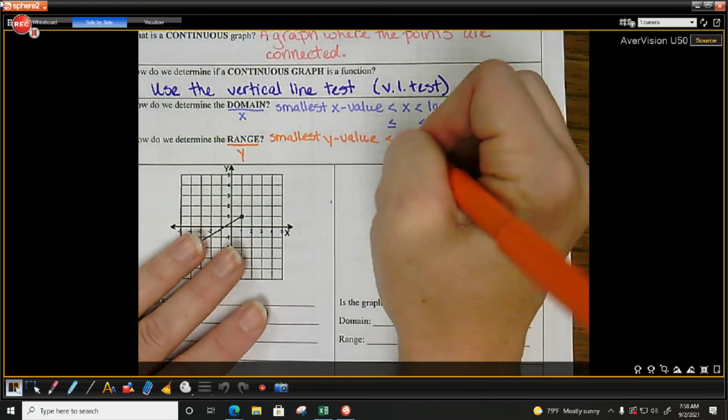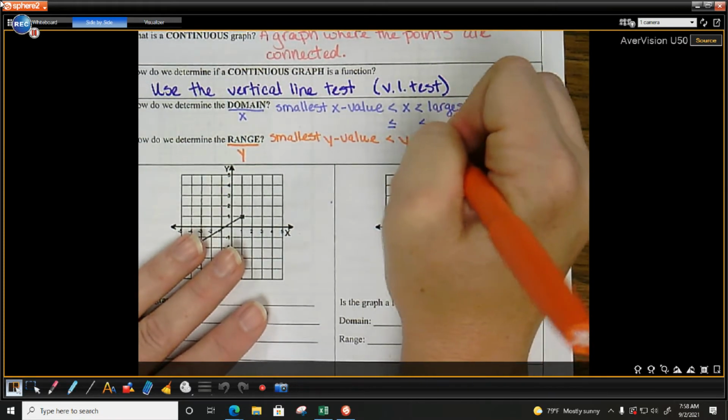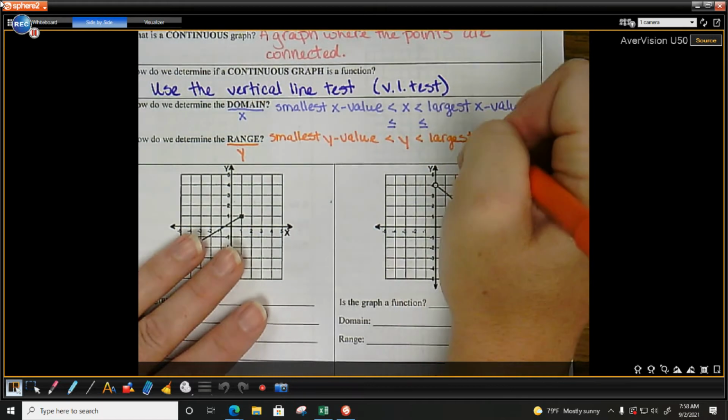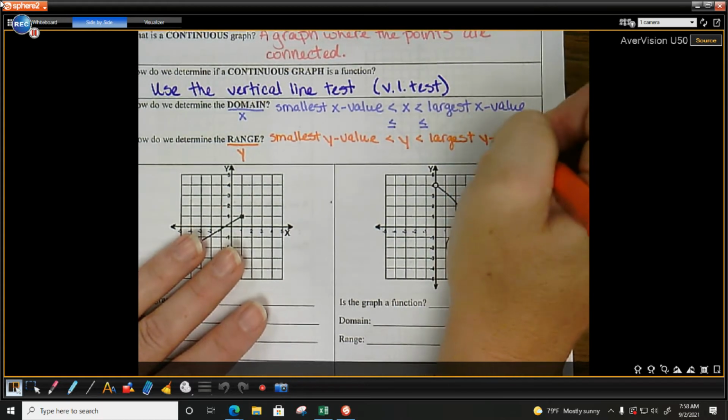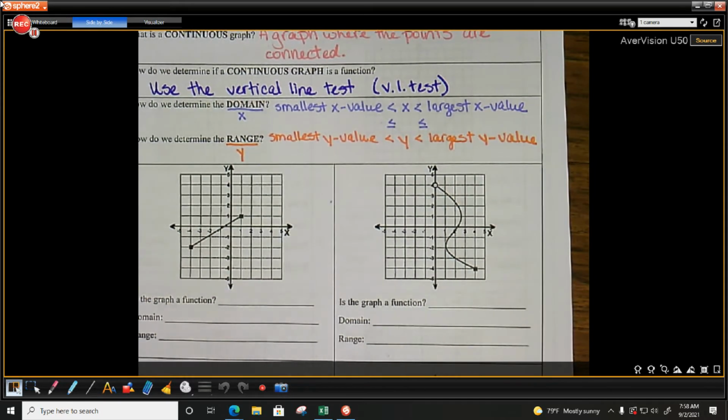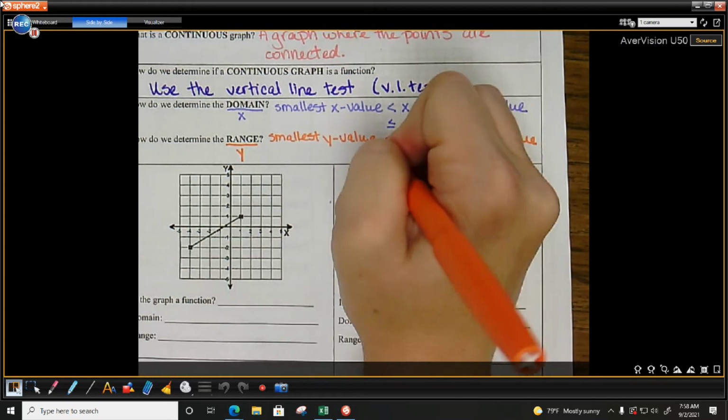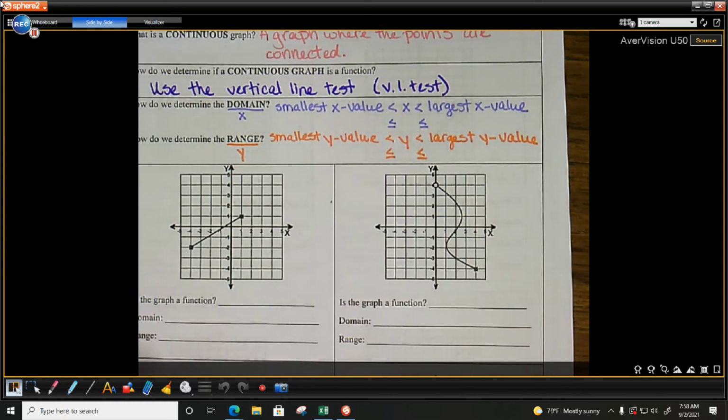Less than the largest y value. And just like with our domain, what can we also sometimes have with our inequality signs? Equal to's.